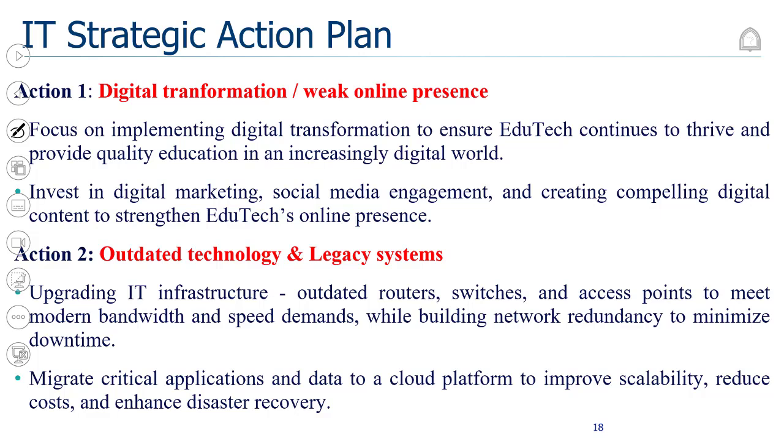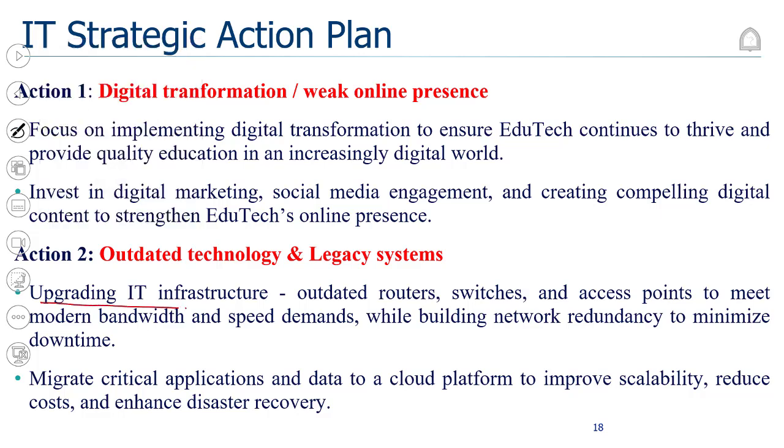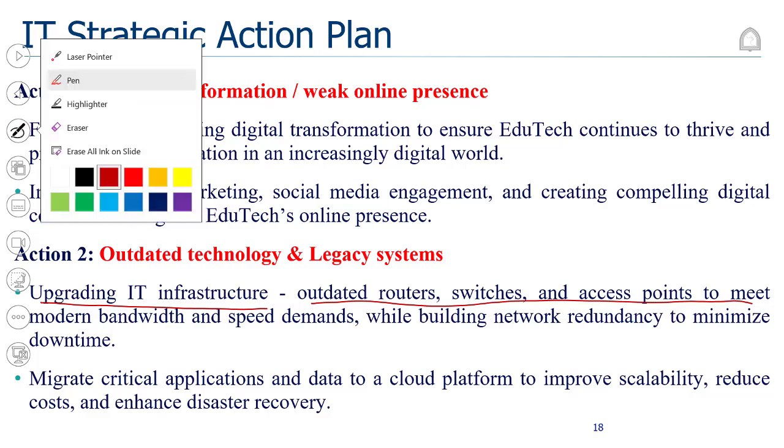So for the outdated technologies, again, you could choose to upgrade. There are a lot of switches and everything else, okay? You could choose to upgrade the IT infrastructure, outdated routers and everything else, okay? Or instead of that, you can choose to migrate to the cloud. That's an action. Any of them would be okay.